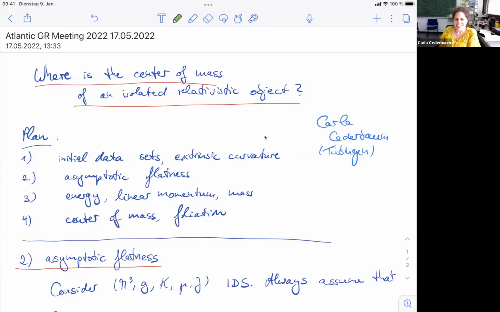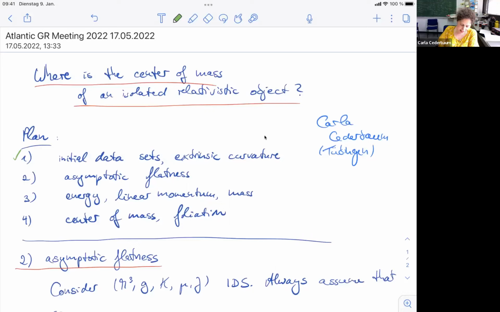Perfect. Thanks, Ivan. So yesterday we took quite some time to define what initial data sets are and analyze their properties, and understanding in particular what extrinsic curvature is. So this part of the plan we've achieved.